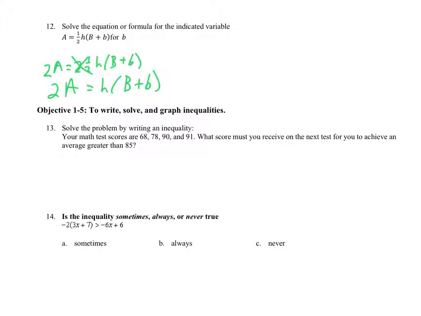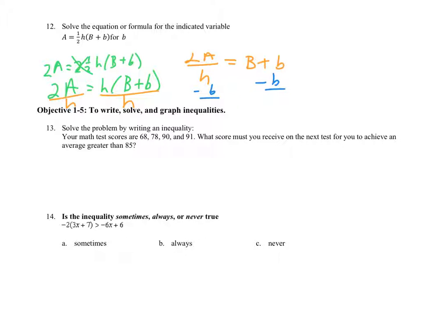Now we're trying to get into those parentheses, so probably the best way to do that is to get rid of the need for the parentheses by dividing by h on both sides. So we get 2a over h equals b plus b. And we're trying to solve for the small b, so subtract b from both sides of the equation.